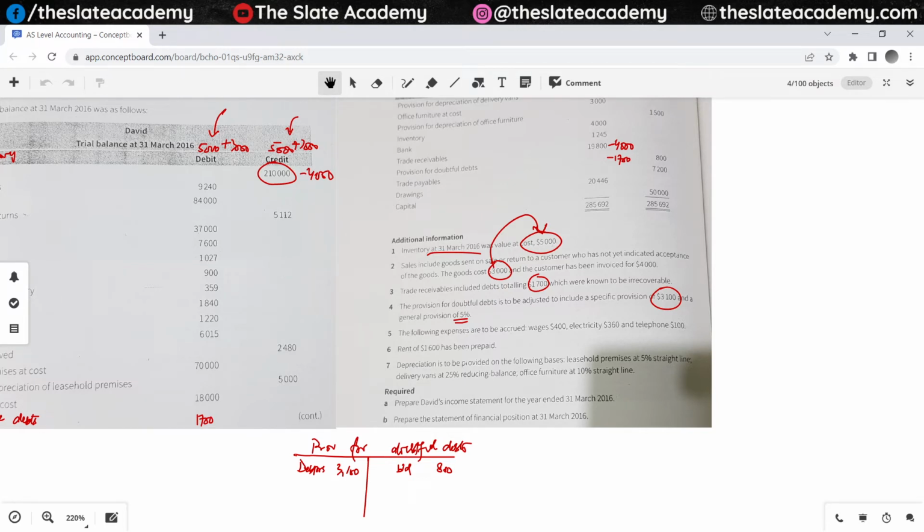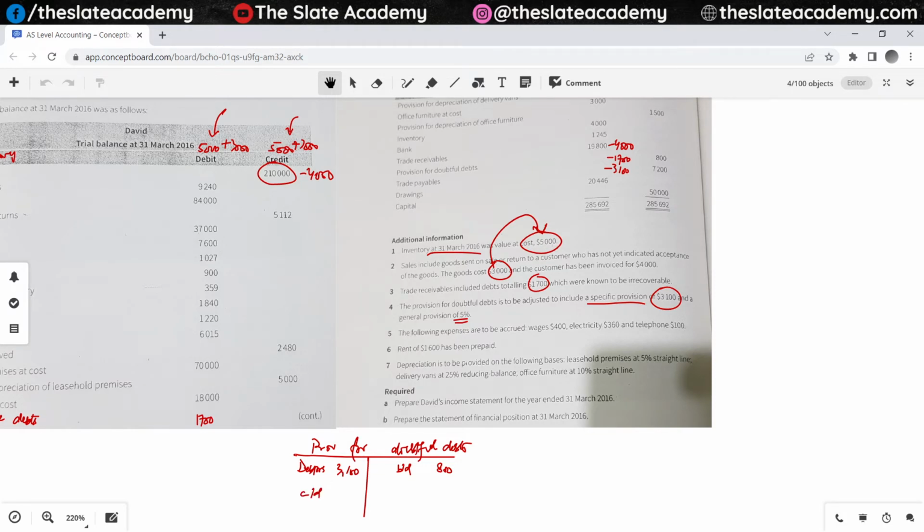This is how I record a specific provision. So the debtors that remain, I would even deduct this 3,100 from it. Now what's the balance? 19,800 minus 4,000 minus 1,700 minus 3,100. Remaining is 11,000, and on that I apply 5%. So the closing balance, the carried down balance, is 550.